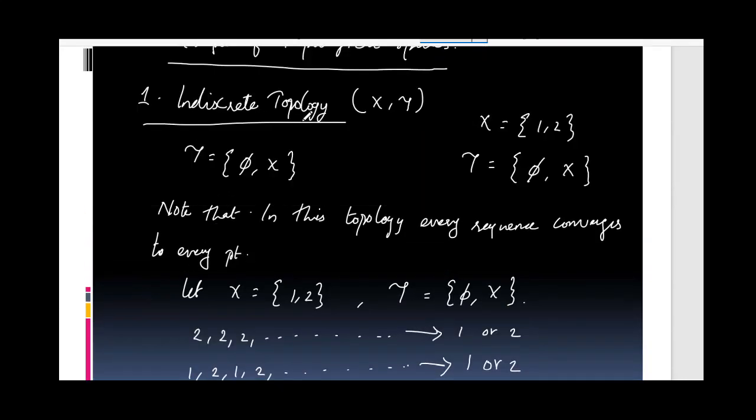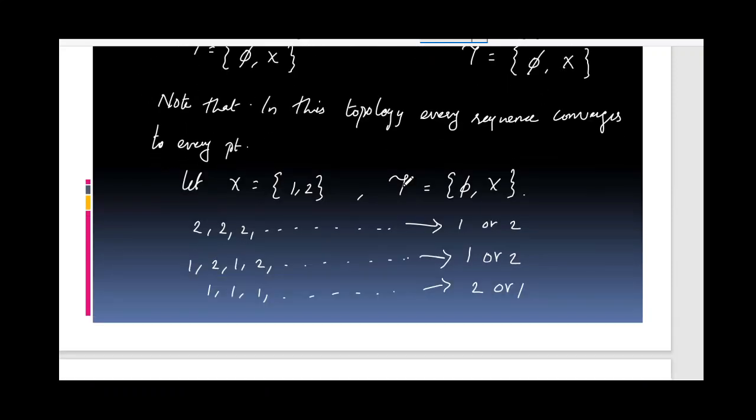Next example is discrete topology. First one was indiscrete topology. In indiscrete topology, we are having only 2 elements in a topology, that is the empty set and the entire set. Now here, discrete topology. Discrete topology is also called power set topology.